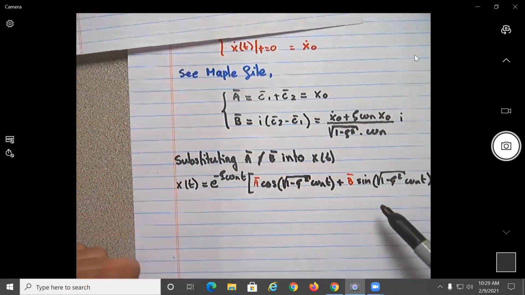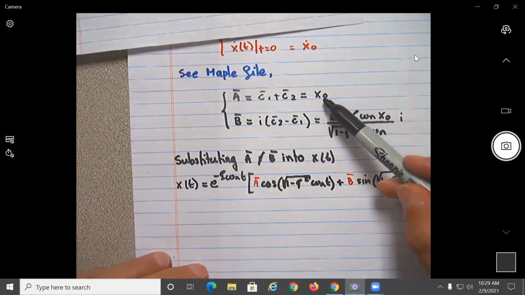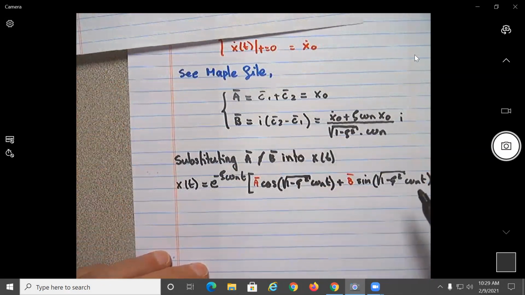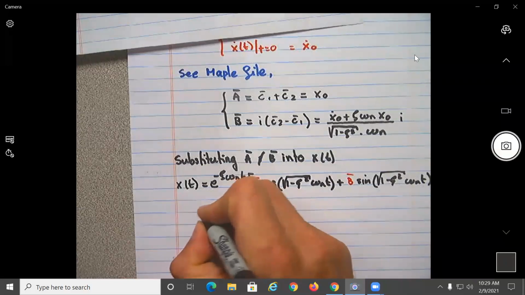So I don't know, do I need to substitute the value here for A and B into this equation? Let's just do it. It'll be silly, but what can we do?